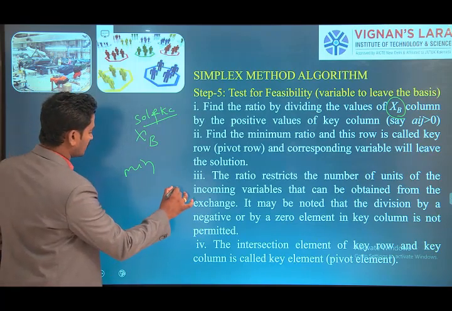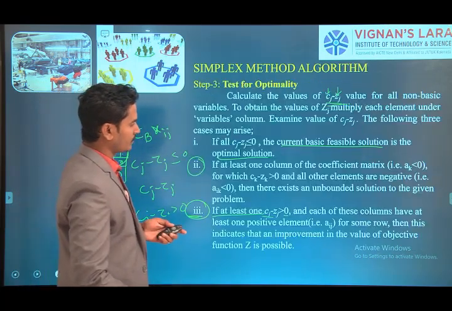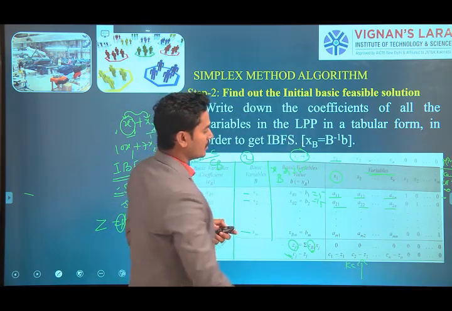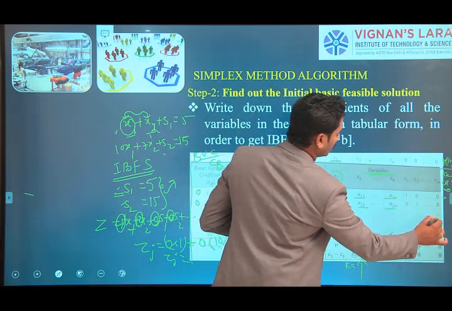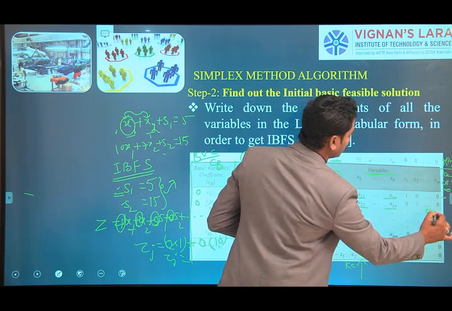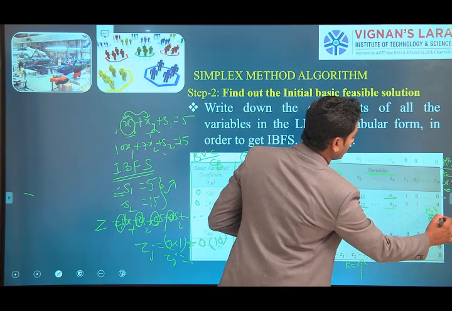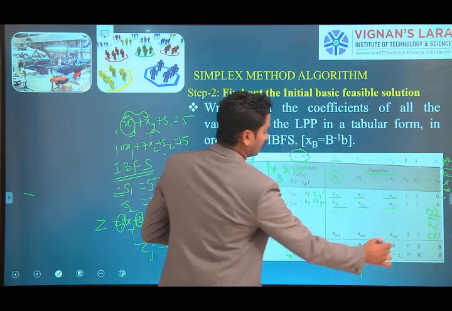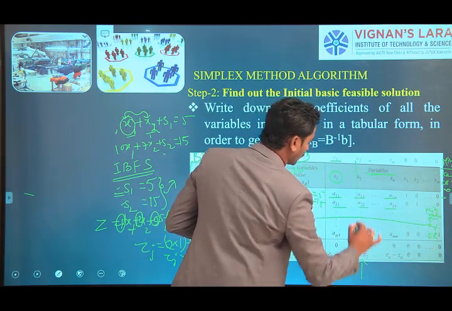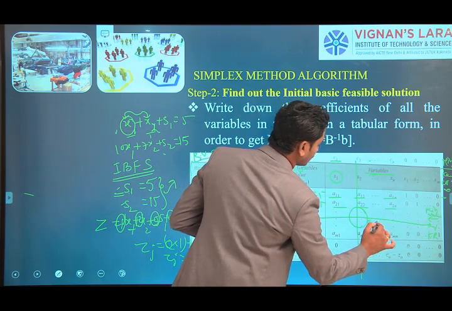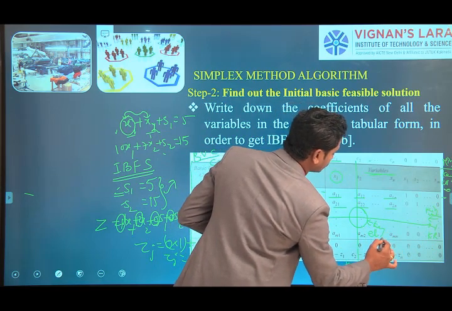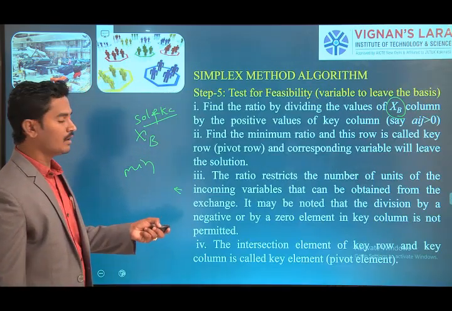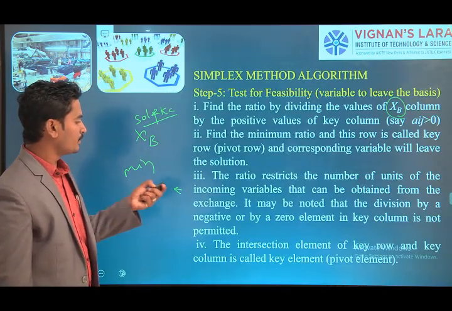From the minimum ratio, we choose the minimum value. The key column is the one with the maximum value. From the rows, we take the minimum value of the minimum ratio, and that is called the key row. These two intersect at one point, and that element is called the key element, or sometimes the pivot element.